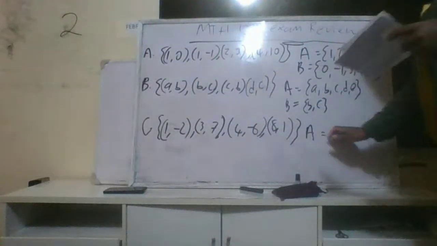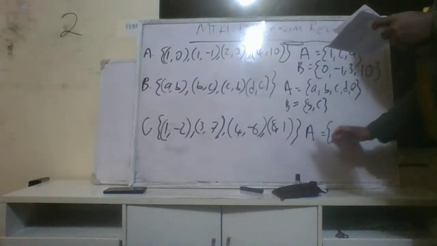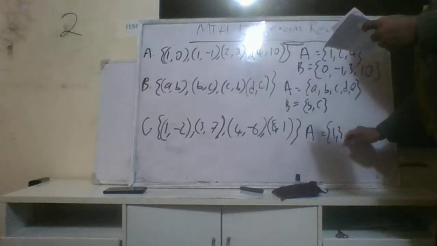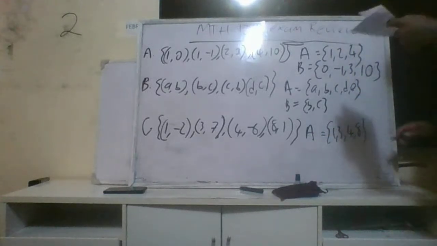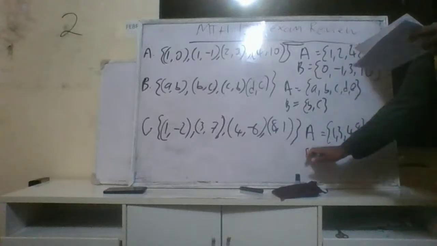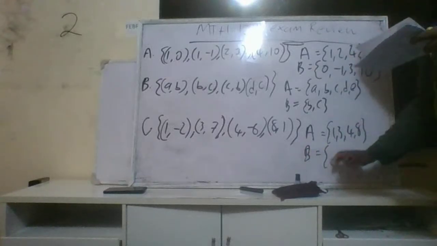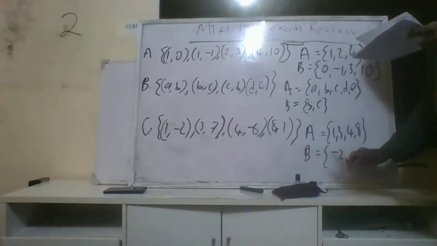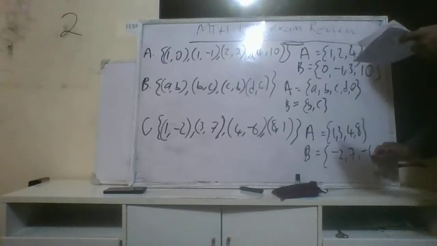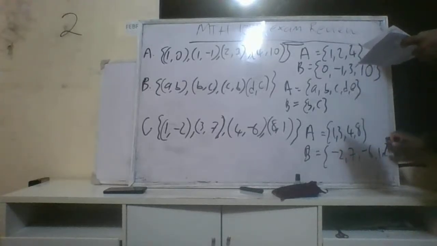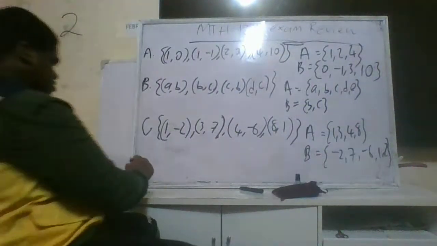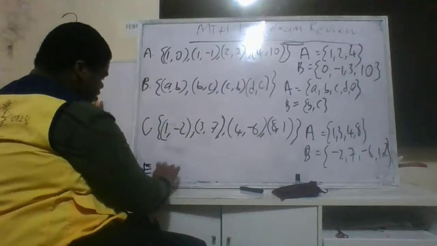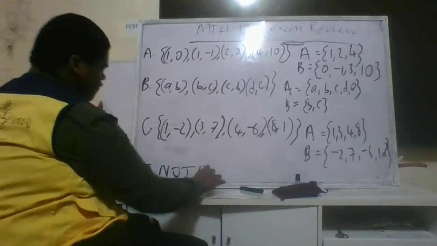I don't think it was a wise choice to write all these things down, but anyways, where A is equal to this, and B, because there's no more space down here, I'll use the second row, and B is equal to -2, 7, -6, 1, 2. Option E is none of the above.